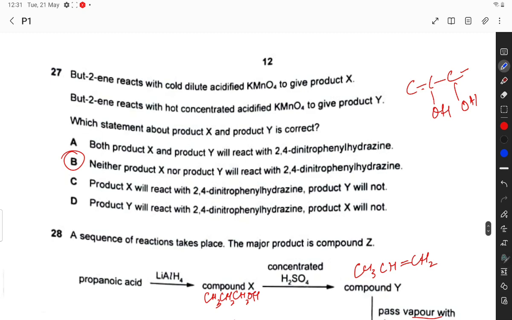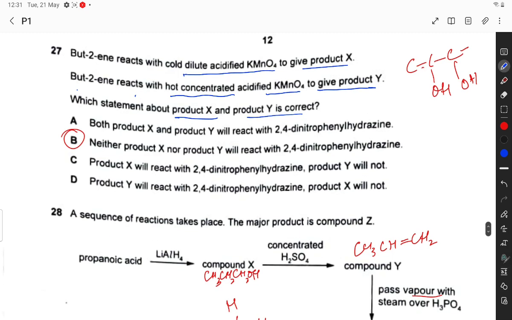But-2-ene reacts with cold acidified potassium manganate to give product X. But-2-ene reacts with hot concentrated acidified potassium manganate to give product Y. Which statement about product X and product Y is correct? So this is but-2-ene.